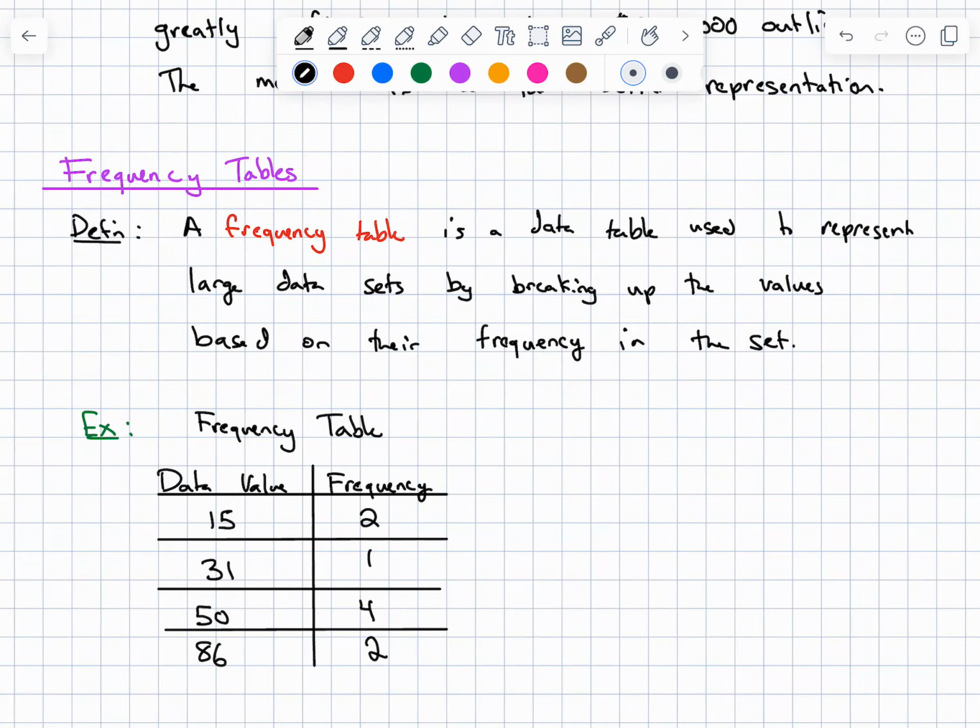So that's the frequency table. And so those numbers, the frequency, is telling you how many times that data value appears in the set.